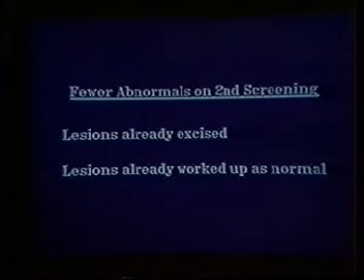The second, more common situation is that lesions read as abnormal on single view have already been worked up as being normal. I'll give you an example of how this occurs. Here's our baseline screening exam with a small dense area on the oblique view, read as abnormal, but resolved into superimposition by lack of its visualization in the correct region on craniocaudal view.